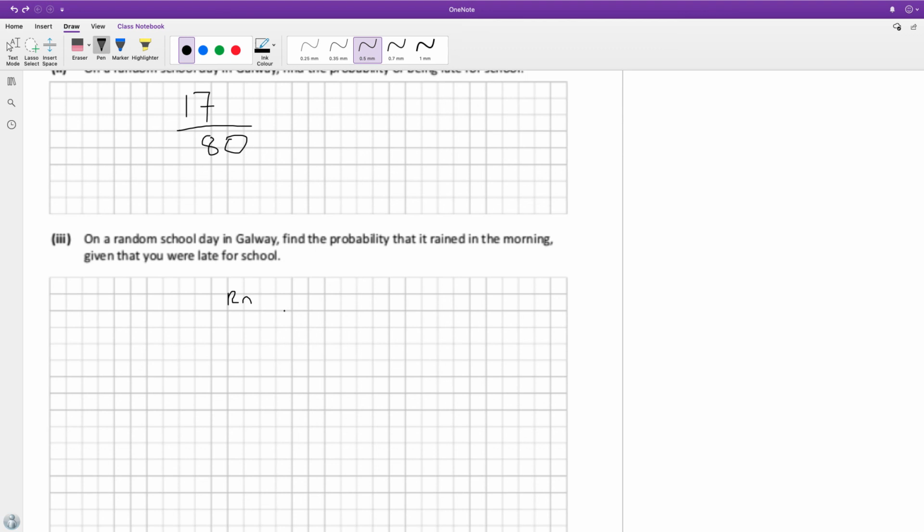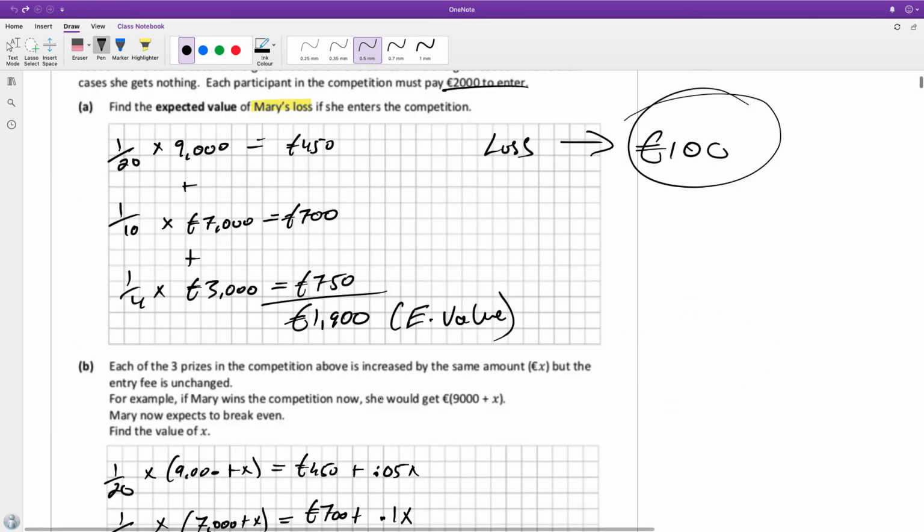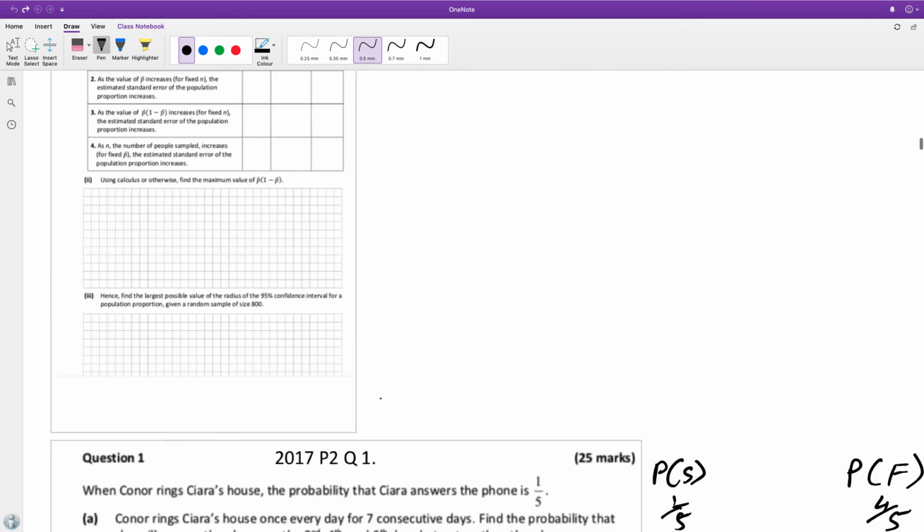So you have 7 over 16 divided by 17 over 80. And we're getting 0.5490.